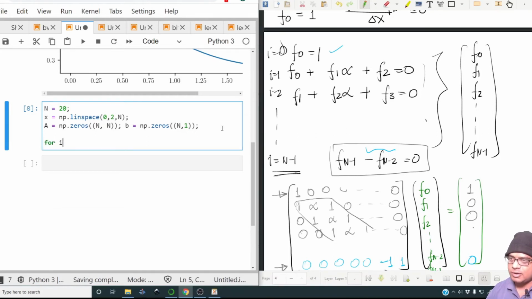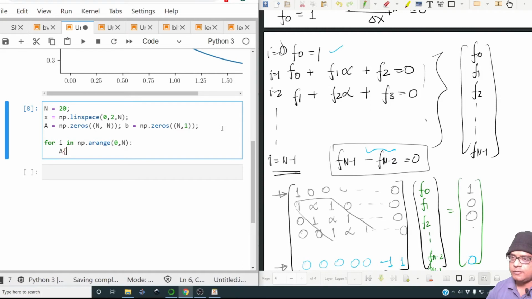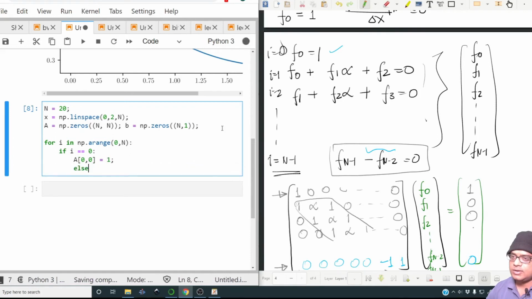This is how you would do it: for i in np.arange(0, n). So what do we have? If i equal to 0, then you will say A[0,0] equal to 1, else if i equal to n minus 1, then what will we do?